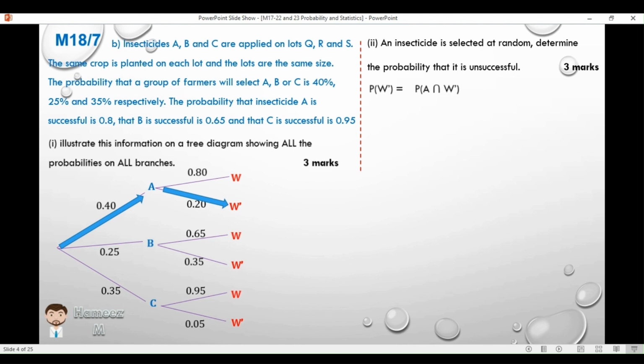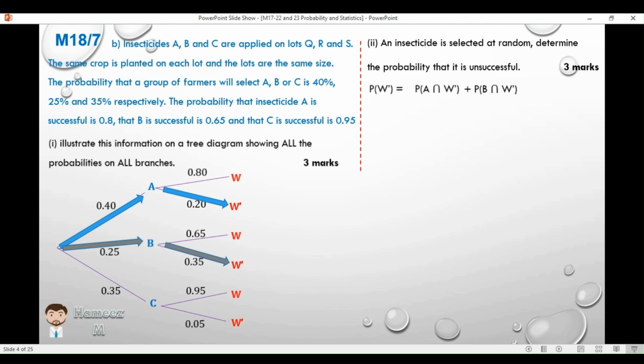And similarly, what's another way for it not to work? It can go through B using the gray arrow and not work. And how do we represent that? By putting B intersect W prime. And the choices are blue or gray. So how do we write or using probability statements?